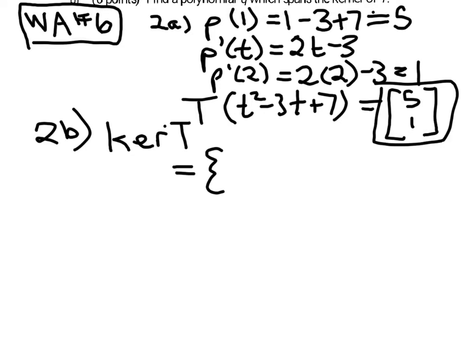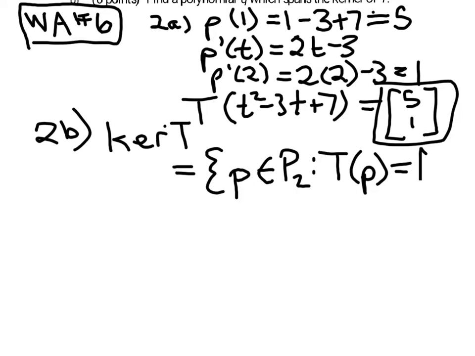So in this case, it's the set of all polynomials, I'll call it P, that belong to P2, so they have degree 2 or lower, such that when you do the transformation to the polynomial, you get the 0 vector. So that's what the kernel is. It's the set of vectors that get mapped by a certain transformation to the 0 vector.